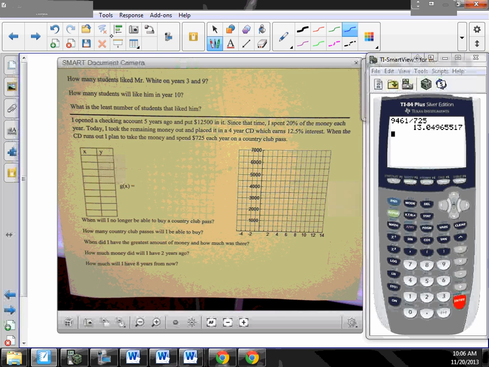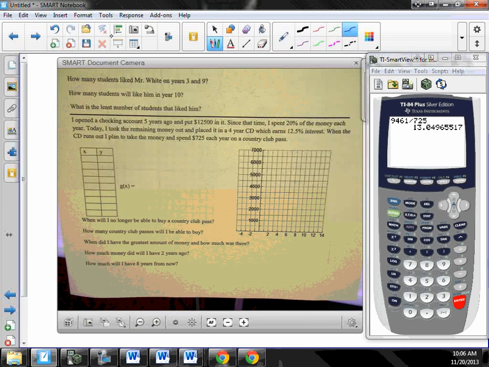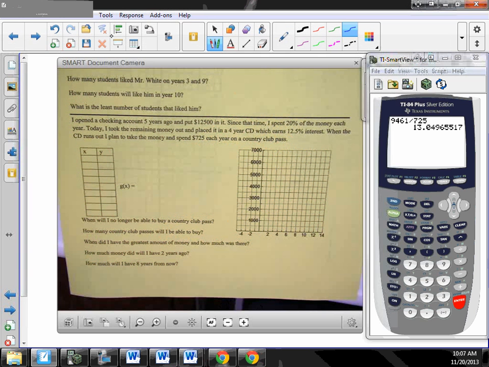When did I have the greatest amount of money? 5 years ago. How much did I have 2 years ago? You can look at the chart. How much will I have 8 years from now? How will you figure that out? Plug 8 into this equation.